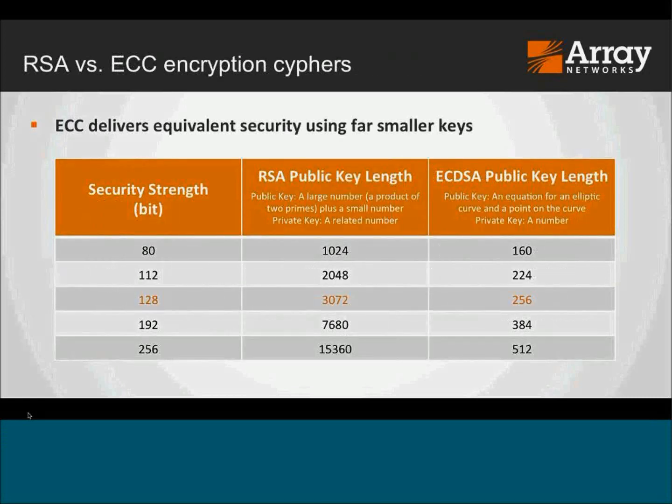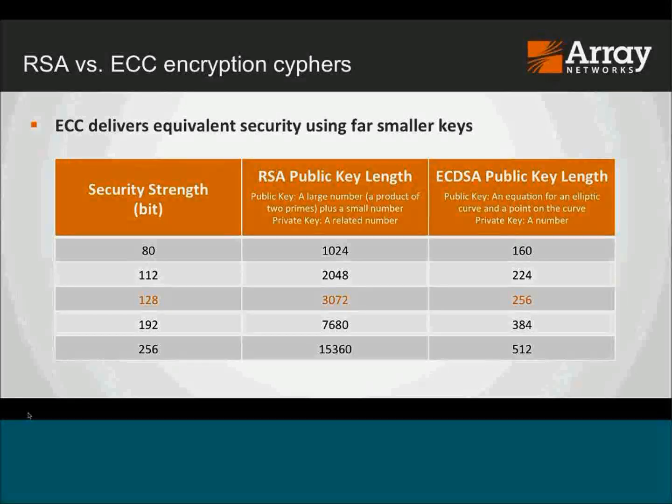So let's look at this comparison between RSA SSL encryption, which is probably the bulk of what's being used today, and ECC encryption ciphers, which have been more recently introduced and are gaining traction for the reason that we're going to show right now. If you look at the security strength, the 1024-bit RSA encryption provided a security strength of 80 bits, right?